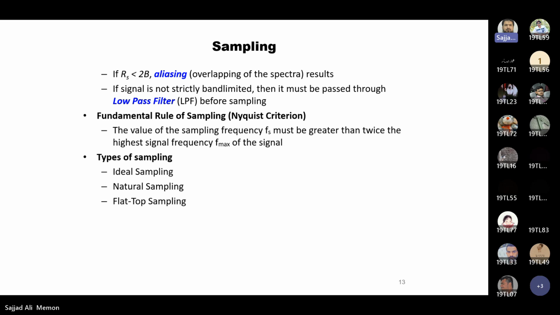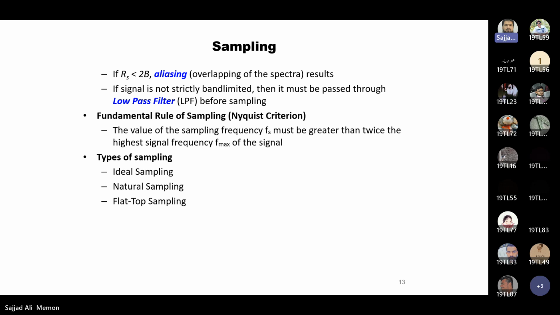So it is always good practice to take the sampling frequency f s greater than twice the highest frequency component. If the highest frequency component present in the signal is 3400 hertz, as in the case of human voice, we take the highest frequency component as 4 kilohertz.